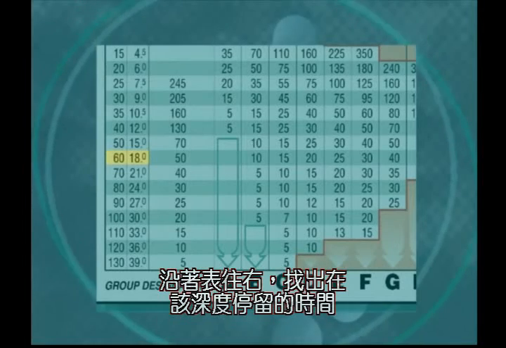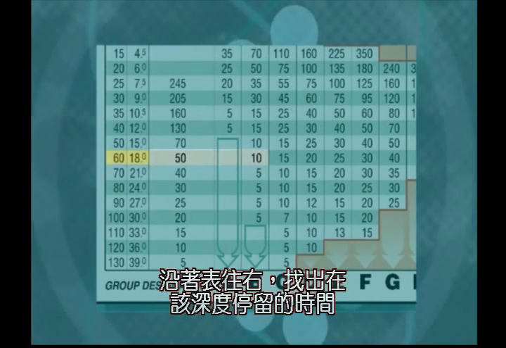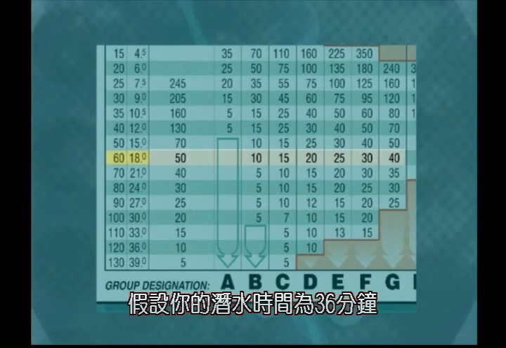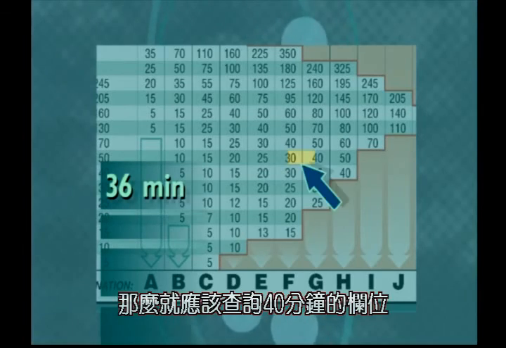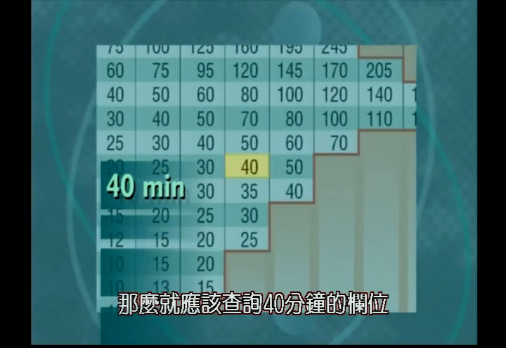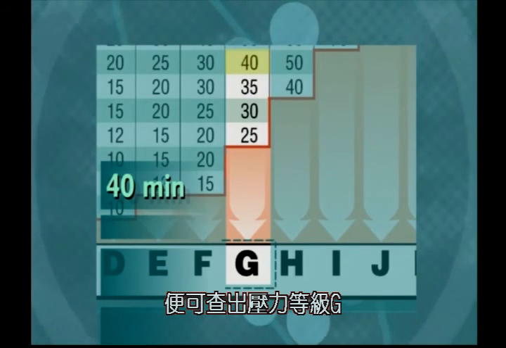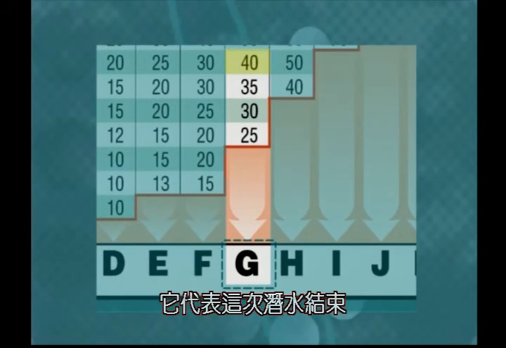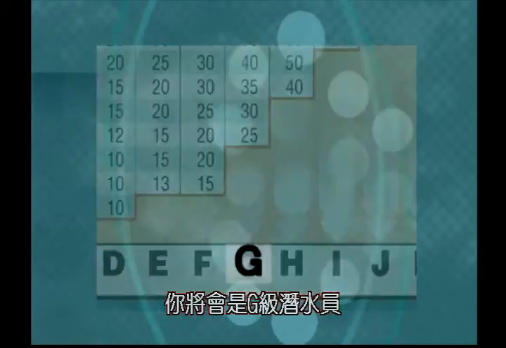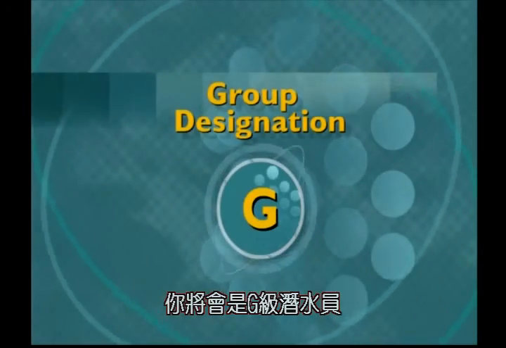Now read across the table to find the time you have spent at this depth. If you have been diving for 36 minutes, you will round up to 40 minutes. Reading down from here, you will find the group designation for the dive. In this case, group designation G, so you are a G diver.